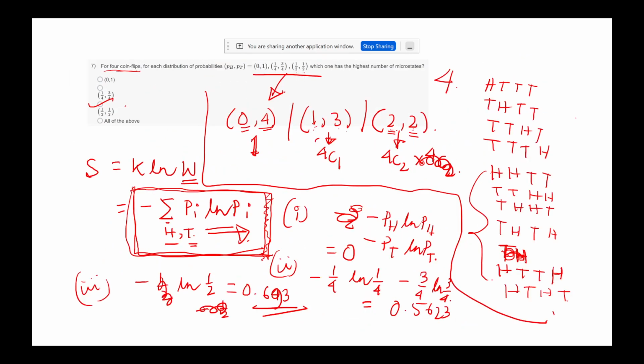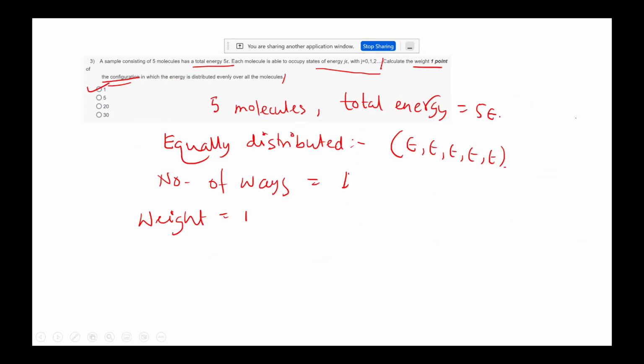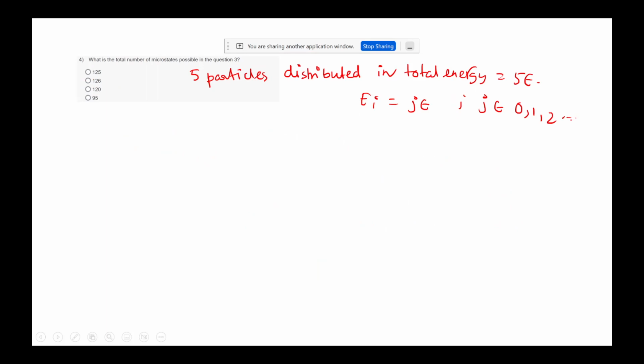So now taking a clue from this problem, that is simply writing how many ways we can write: 0, 0, 0, 0, 5; 0, 0, 0, 1, 4. Should we do it, or can we refer to problem number 3? Yes, we can refer. Mugilan, should we do it again, or can we refer to problem number 3?